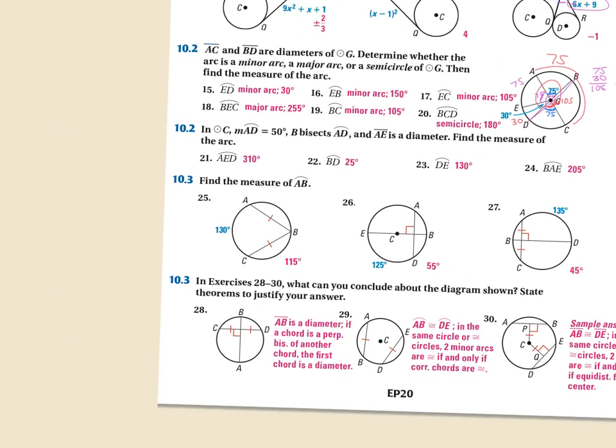It says in circle C, so this is C, arc AD is 50 degrees, and B bisects arc AD, so B would be in here. Now this is 25 and 25. E is the diameter, so come across here, this would be E, and then find the measure of the arc.